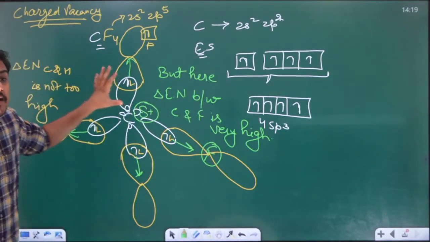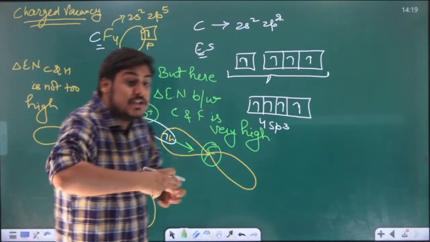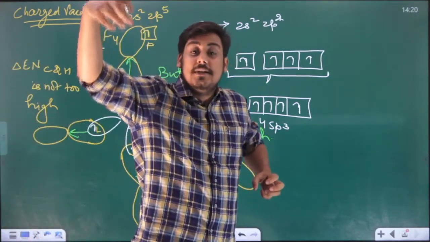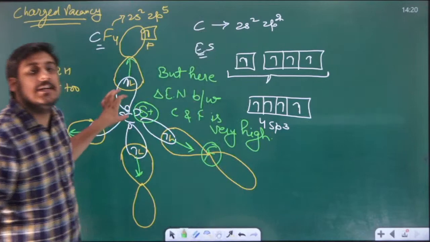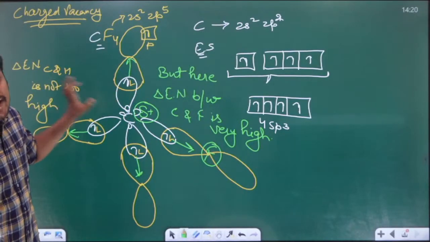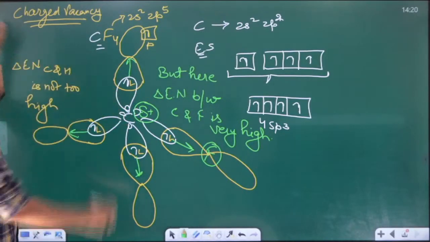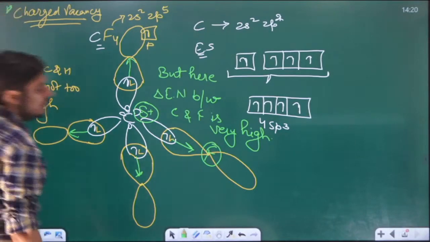Carbon has a complete octet, but still electrons are far away from it, so it will feel some vacancy. Such type of vacancy is known as charged vacancy.